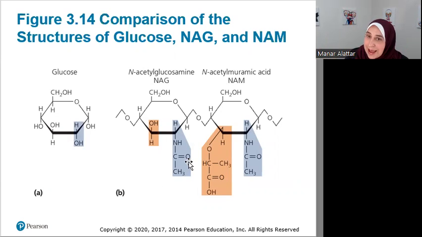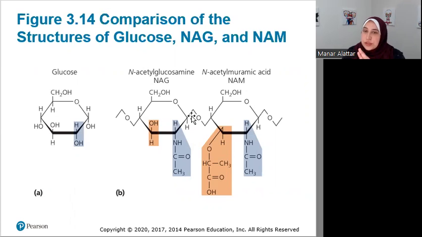Well, NAG is N-acetylglucosamine, and it has a very similar ring-like structure, but then it has slightly different chemical attachments to that ring. And then NAM is N-acetylmuramic acid, which again looks similar in its structure. So all of these points are carbon attachments, and then you can see what are attached to them here. And so NAM, again, similar to glucose.